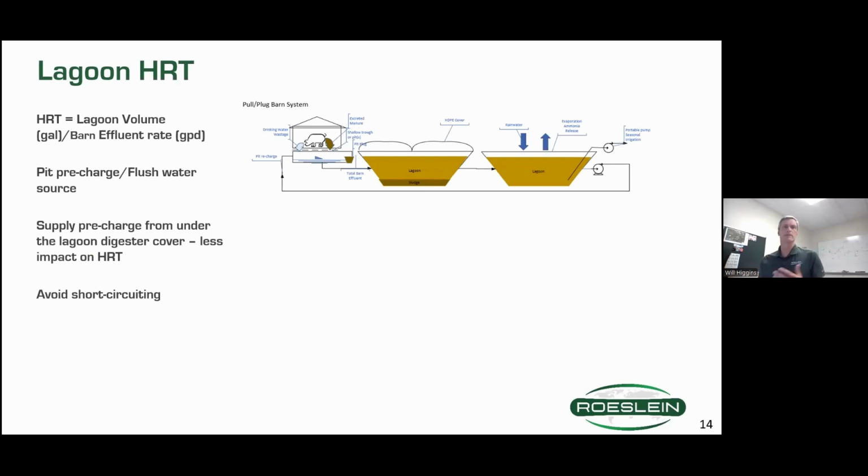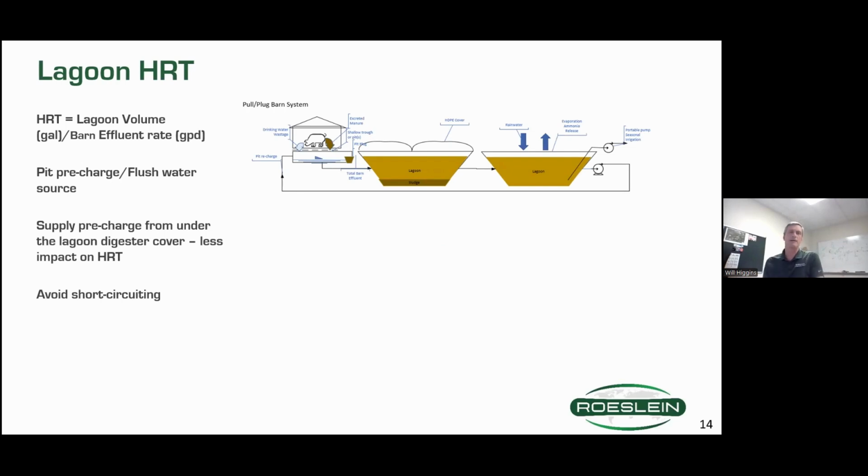Some of the other things that we consider when we're designing the size of the lagoon is how long is the winter at a particular site, right? So some northern areas have, I'll say, 4 to 6 months of winter, and you want to store your manure for that period of time without letting it out of the digester.